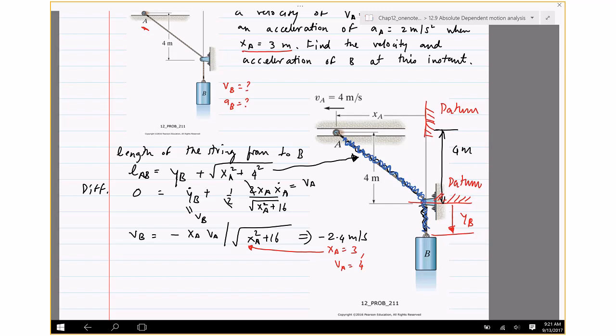Since you go this way, if you assume y is positive this way, then this length is negative because it's downwards, and your origin is right here. Another way to think about the signs would be that the distance is being reduced or extended.